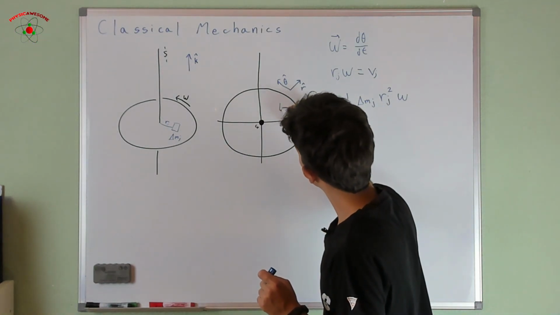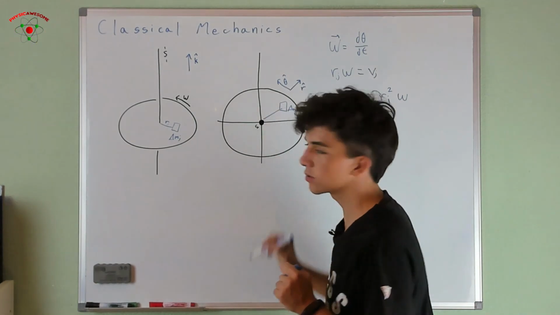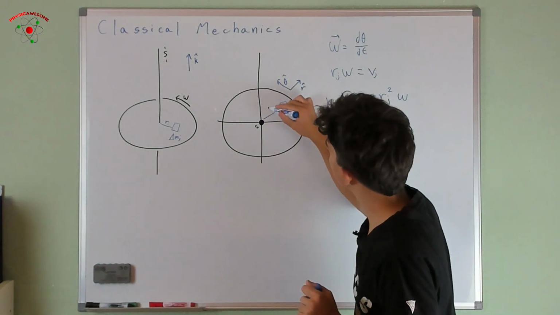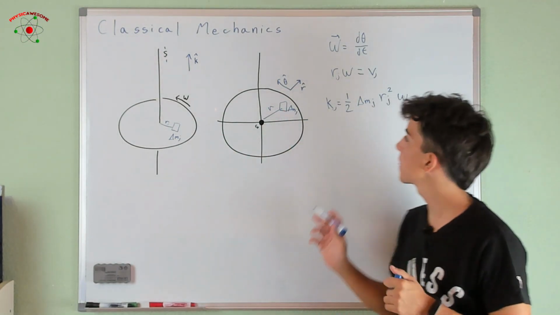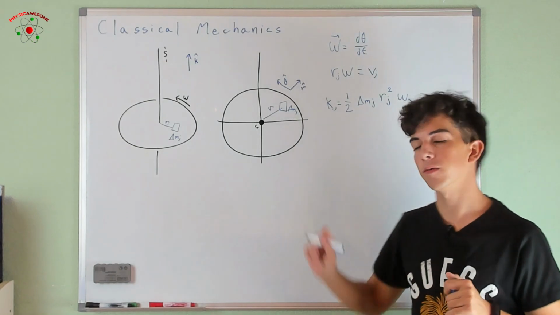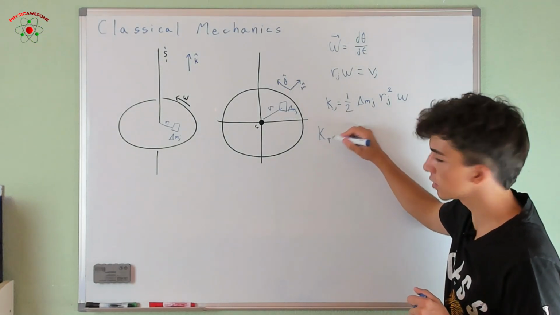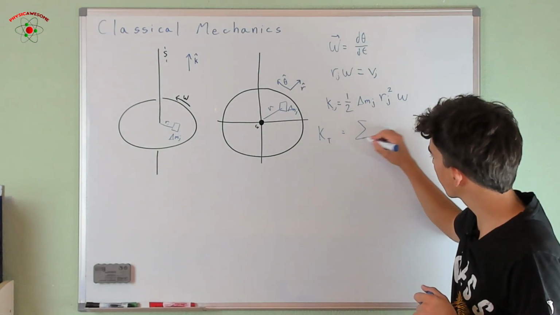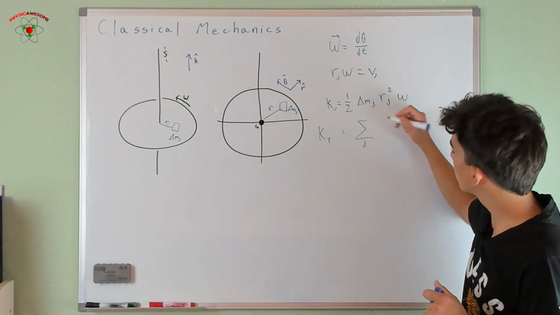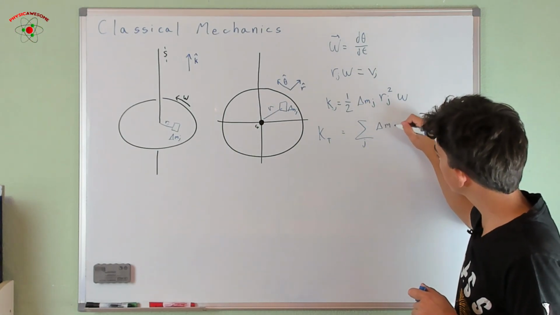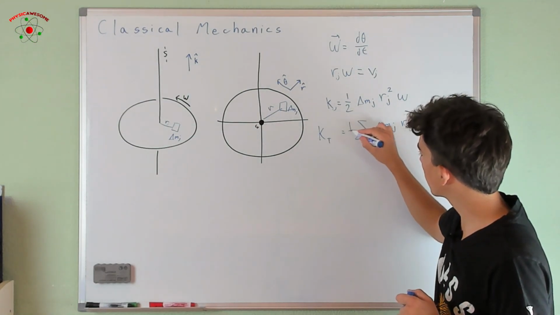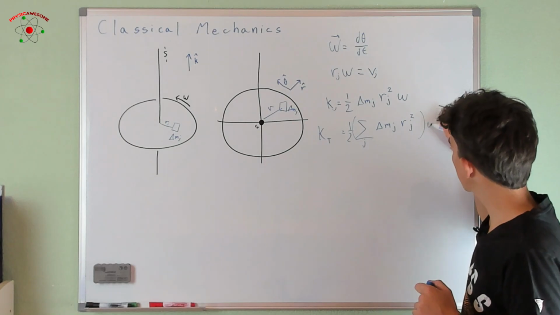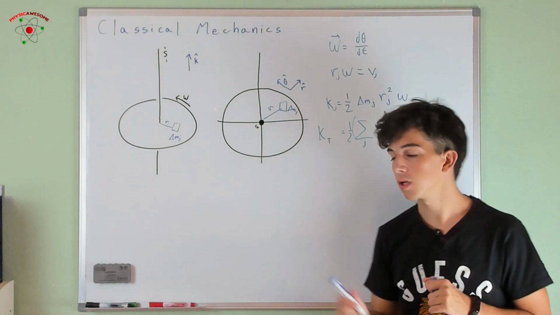Notice we could have a similar situation over here. This is a top view, and this is like a side view, kinda. So we would like to sum up all of those, and our total kinetic energy would be the sum over j of delta m_j r_j squared, and we will have a 1/2 up front and ω squared, which is constant.